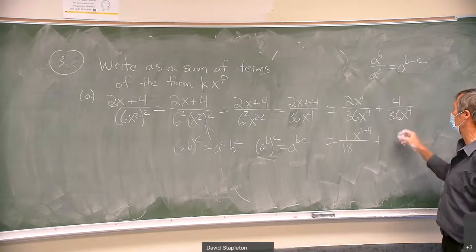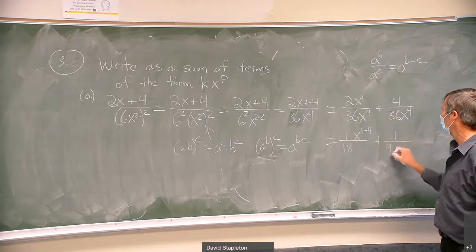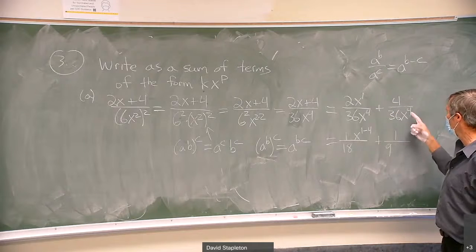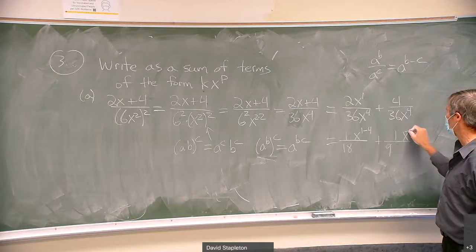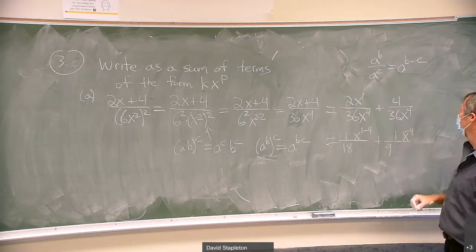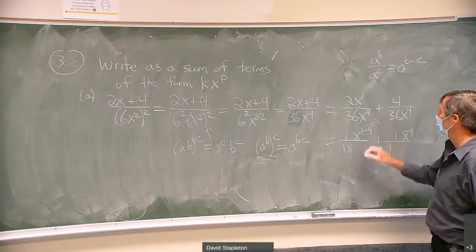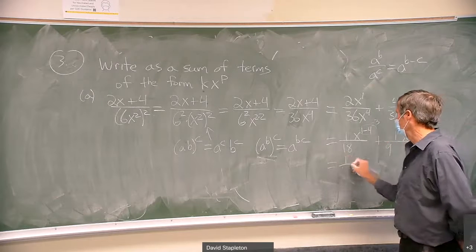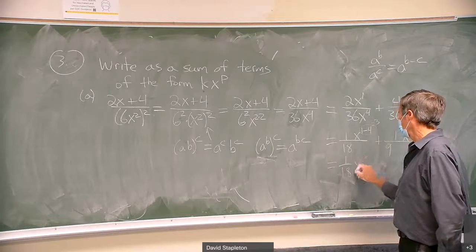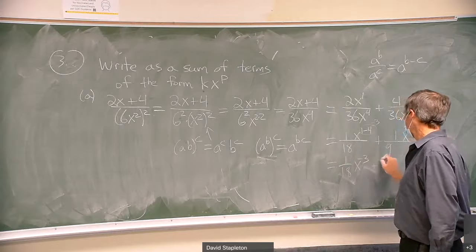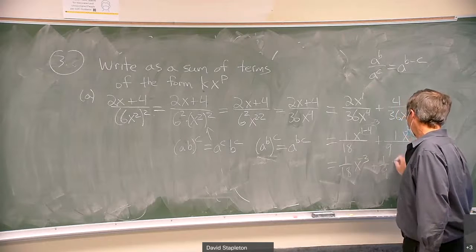Similarly over here, 4 over 36 is 1/9, and x to the 4 on the bottom is x to the minus 4 on the top. I'll write this as 1/18 x to the minus 3 plus 1/9 x to the minus 4.